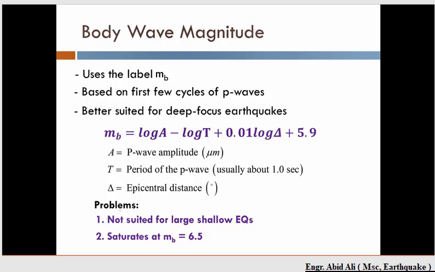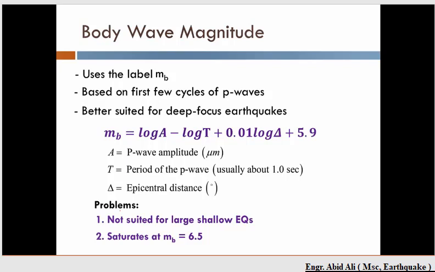So it's not based on S waves, it's based on P waves. And so those compression body waves, this is much better suited for the deeper earthquakes or earthquakes that are really close to you.